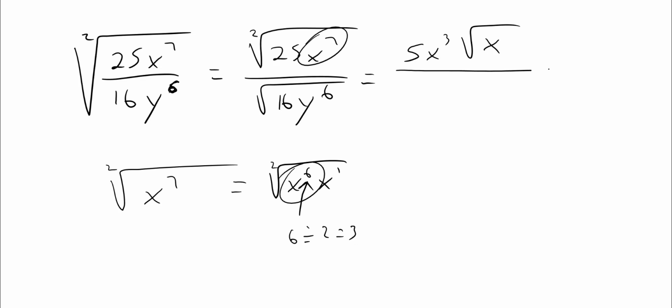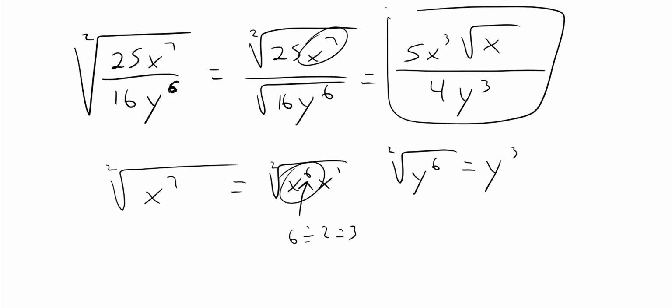The bottom is a little easier: the square root of 16 is 4, and the square root of y to the sixth is 6 divided by 2, which is y cubed. And that's your answer. It's a little crazier only because you have something left over with the x, which we've done a lot of times already. Let's do another one here.